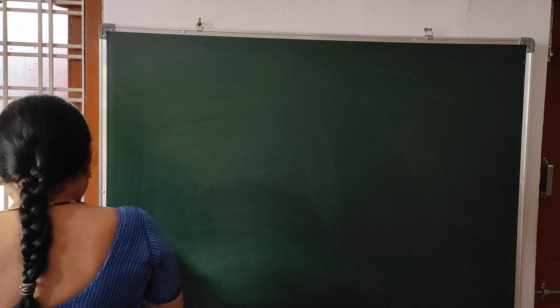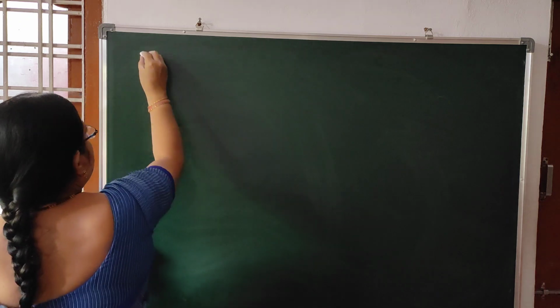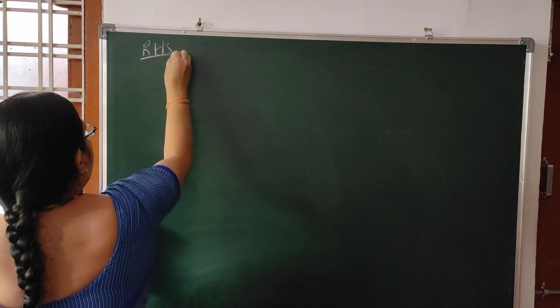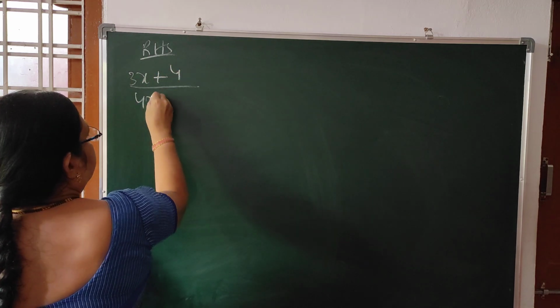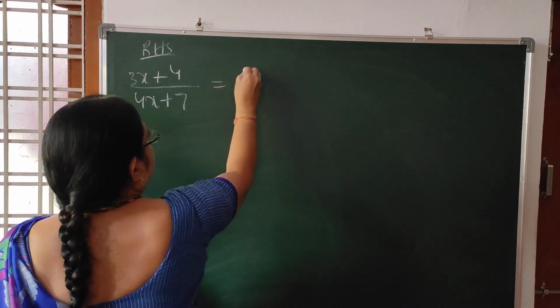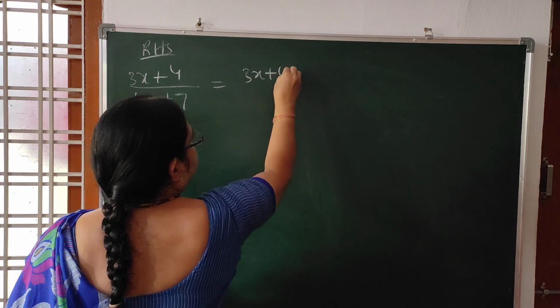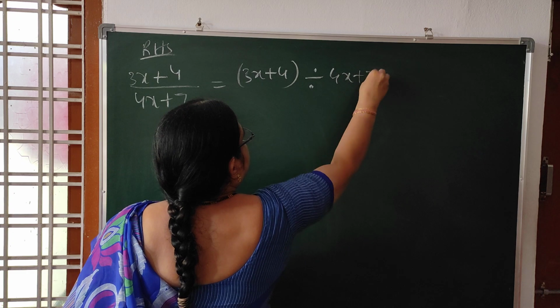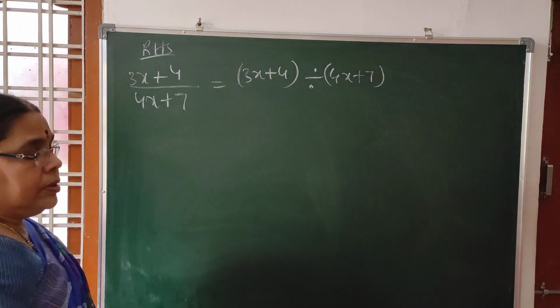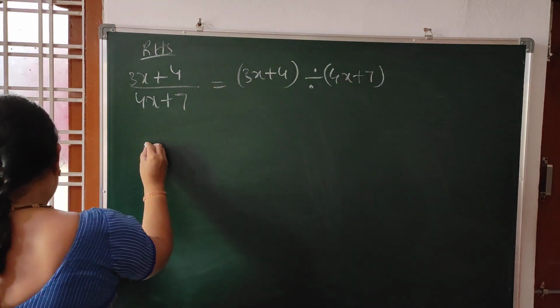Now let me substitute this in RHS. RHS, what is given? (3x + 4) divided by (4x + 7). 3 into x, x is how much?